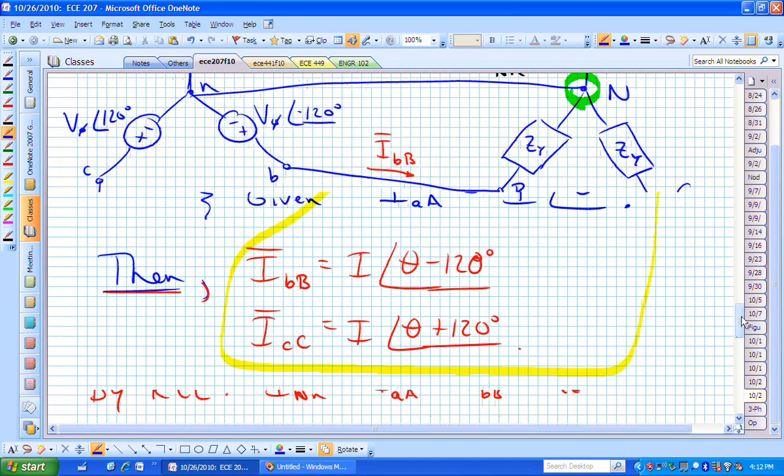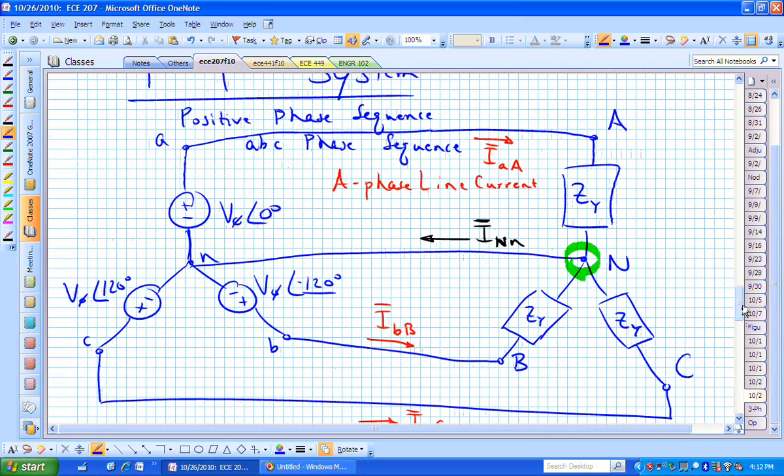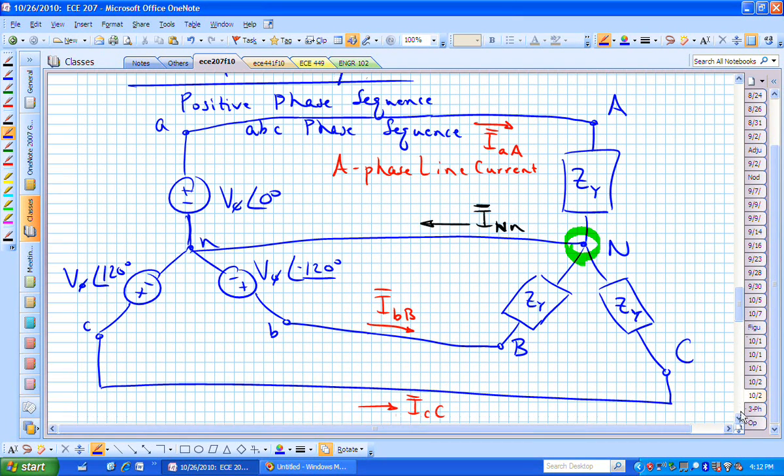If I go back to my diagram, and if I have 0 current flowing in the neutral conductor, what's the voltage difference between little n and capital N? 0. There's 0 potential between those two ends. The little n and the big N have 0 potential between them.